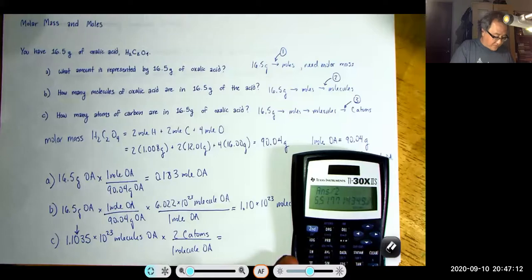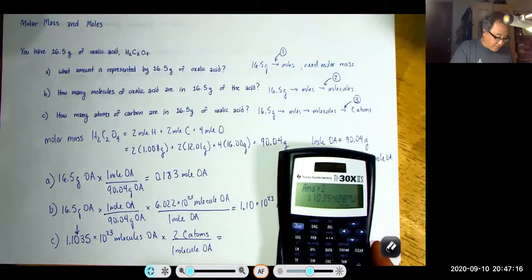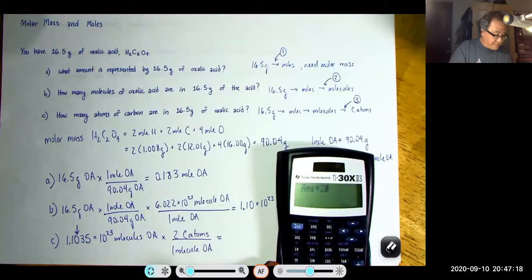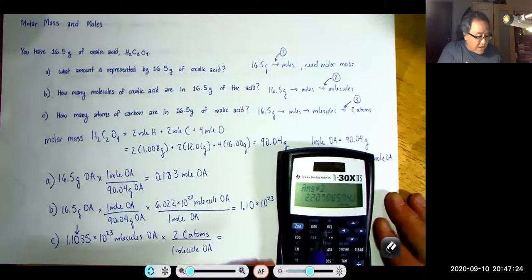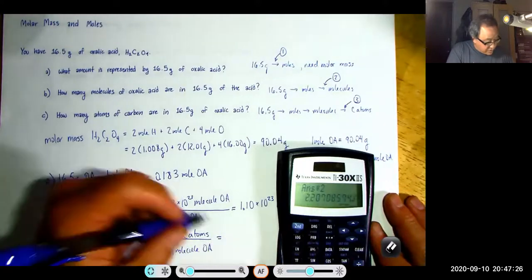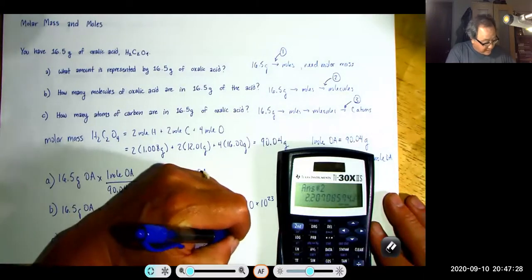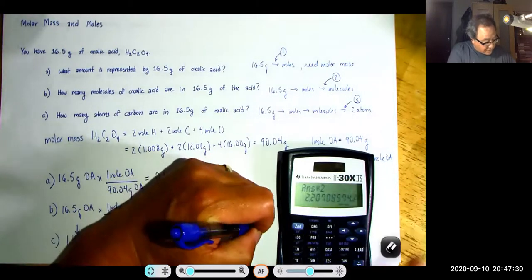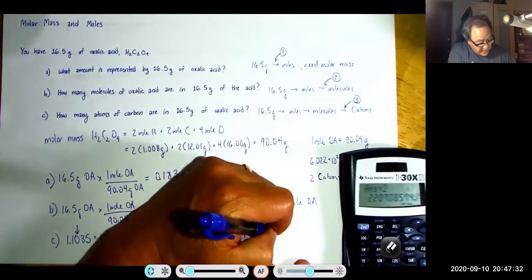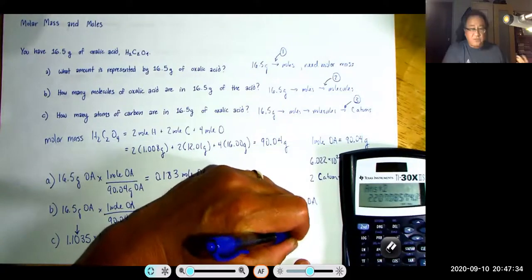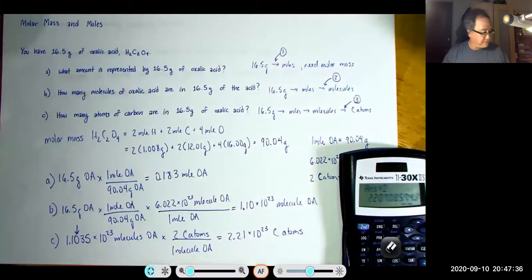So I've got to multiply by 2, get it back to the 1.1, and then multiply by 2. And here, remember how I said if we doubled that, we get 2.20? Well, look, we didn't round early, and we actually get 2.21 times 10 to the 23rd carbon atoms. And that's why you don't round early.